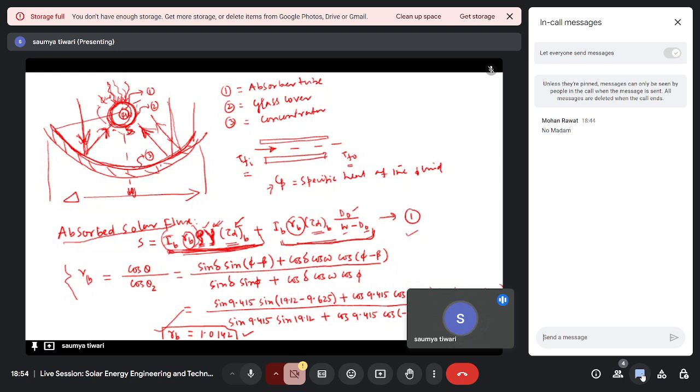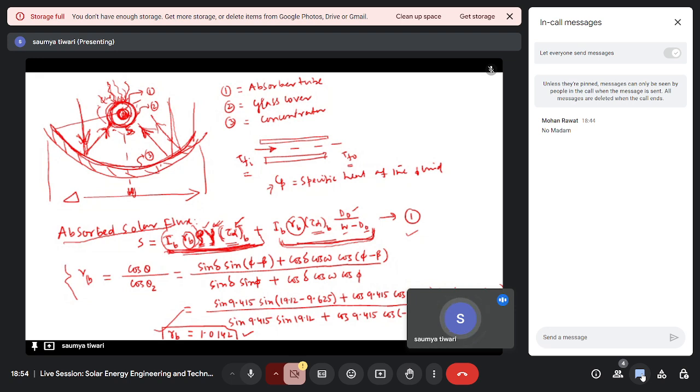Now, whatever has been received on this absorber tube, only a part of it goes from the cover to your absorber tube. So for that we include your transmittivity-absorptivity factor for beam radiation. I hope it's clear how this whole term comes into the picture, and this is for the direct beam.